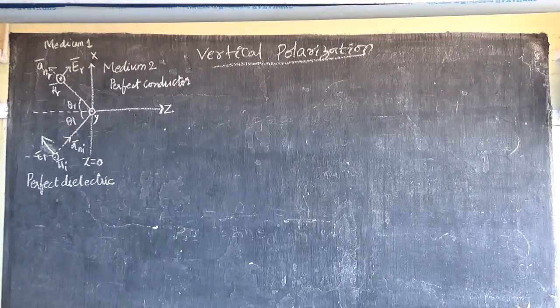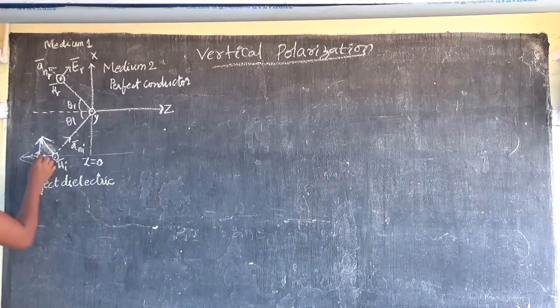So how can we identify the plane of incidence? We can identify the plane of incidence with respect to the electric field. So what is my electric field? The electric field is in this direction and my magnetic field is in this direction. I will resolve my electric field. So my electric field has one horizontal component and a vertical component, isn't it? This is my z direction, and this is my x direction.